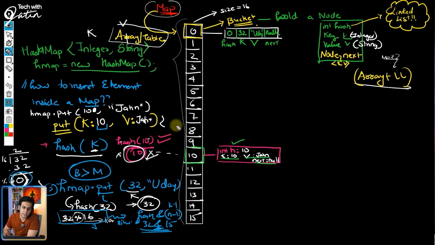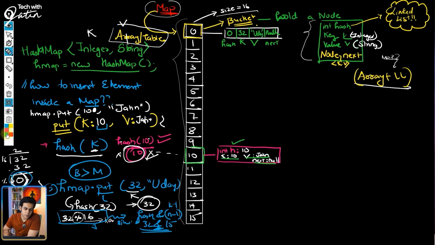The array is basically called a table, and this table is going to be of size 16. Now, when I say size is going to be 16, it's going to have index from 0 to 15. Is this part clear? On each of these indexes, I can actually store a node.